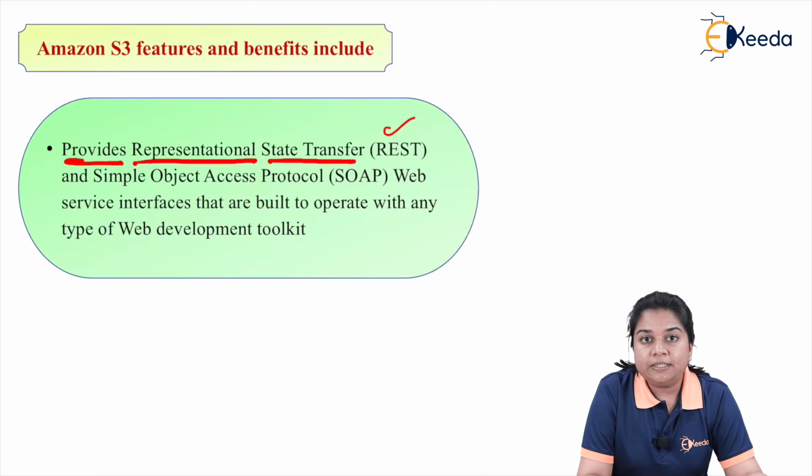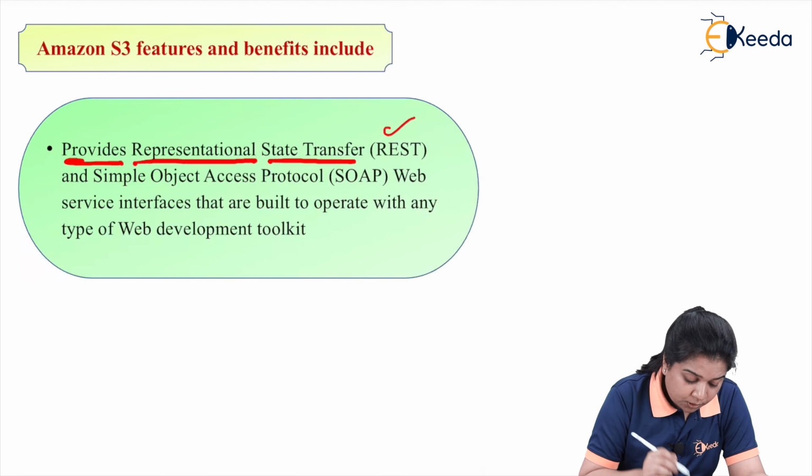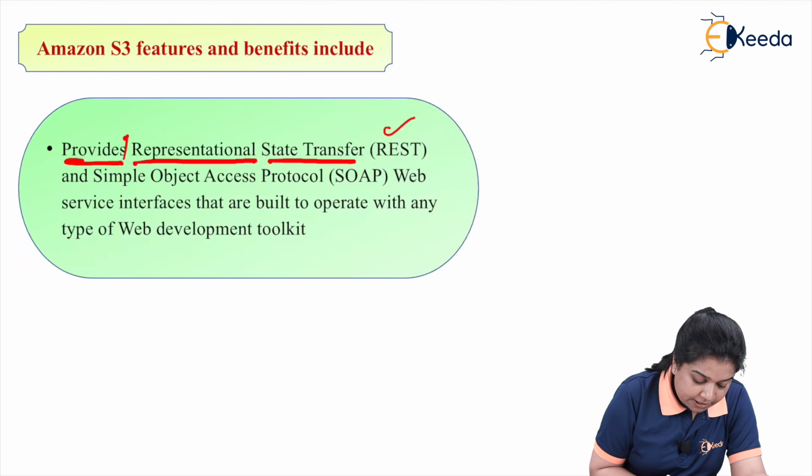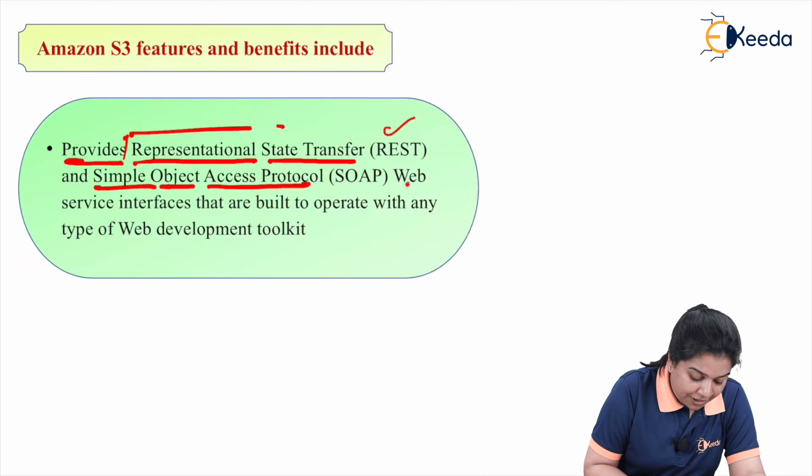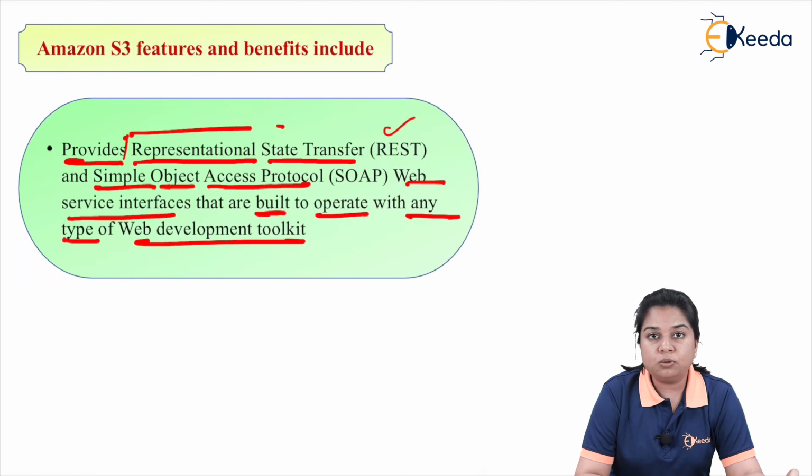Usually we have studied this in OpenStack architecture. Mostly the REST API is used for accessibility of other functions to be operated. So this provides the REST API and Simple Object Access Protocol, that is SOAP, web service interfaces that are built to operate with any type of web development toolkit.